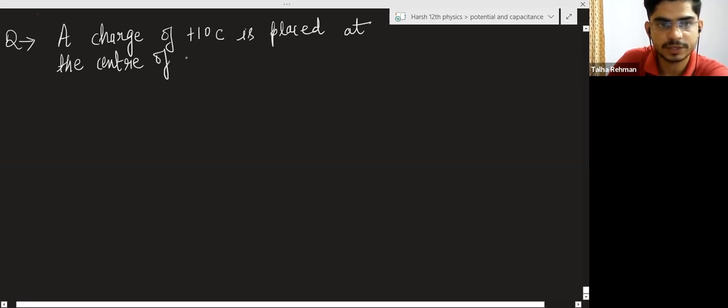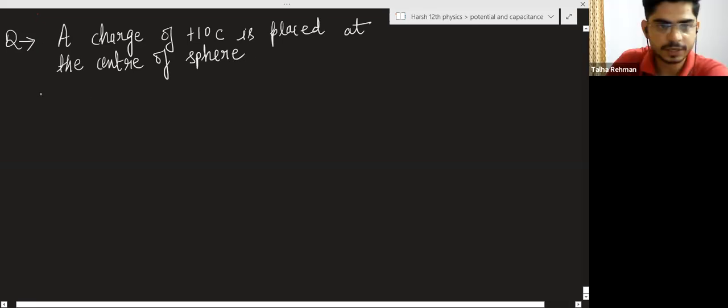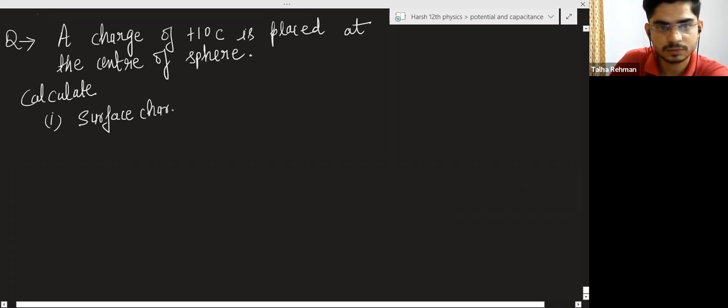Calculate number 1, the surface charge density, that means sigma.